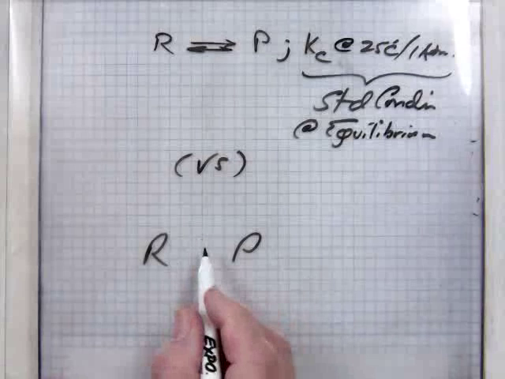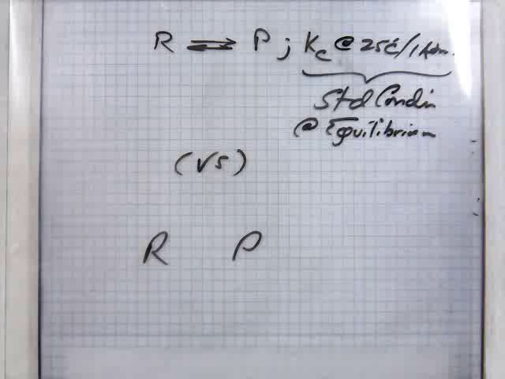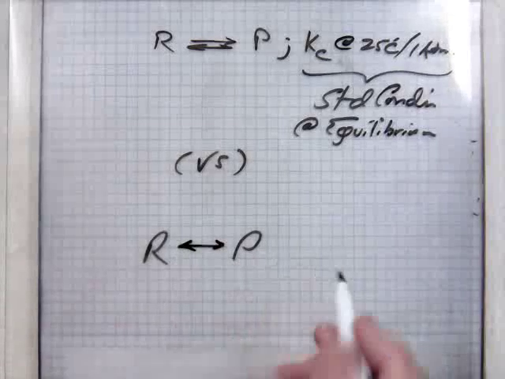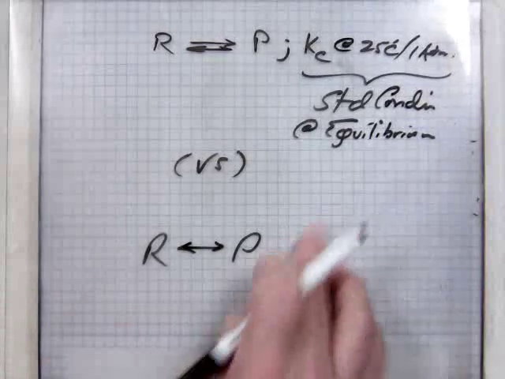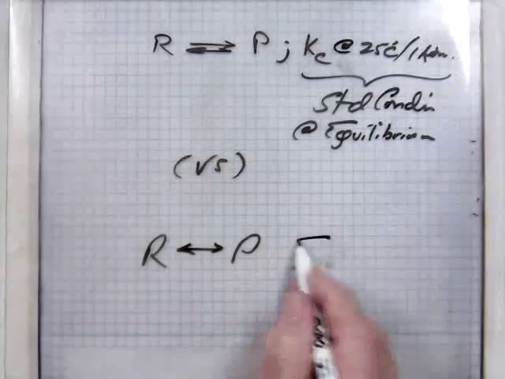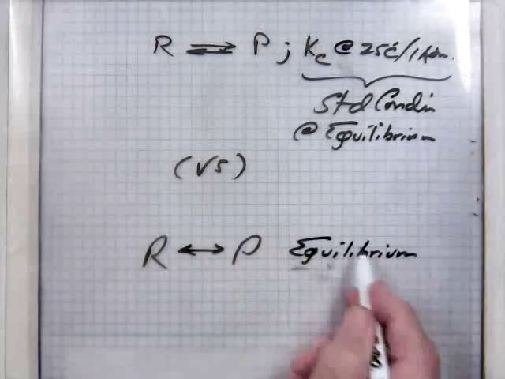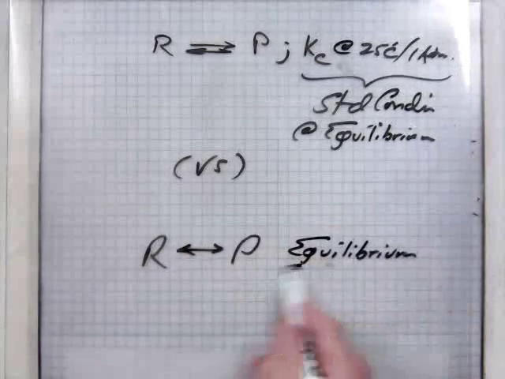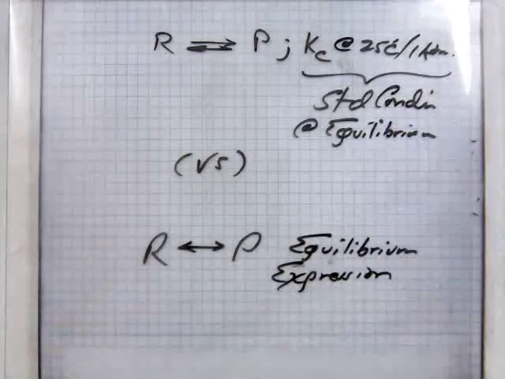So this is going to shift left or right depending on what I've just shown you in terms of gain, loss of weight, and what have you. So it will shift. Well, the K expression or the equilibrium expression is no longer called a K value.